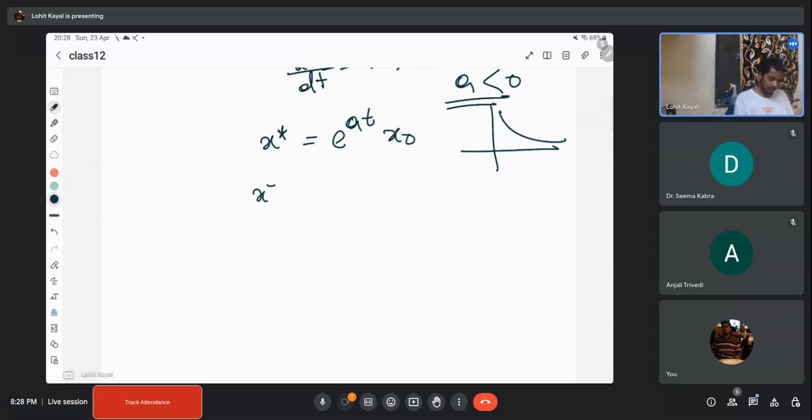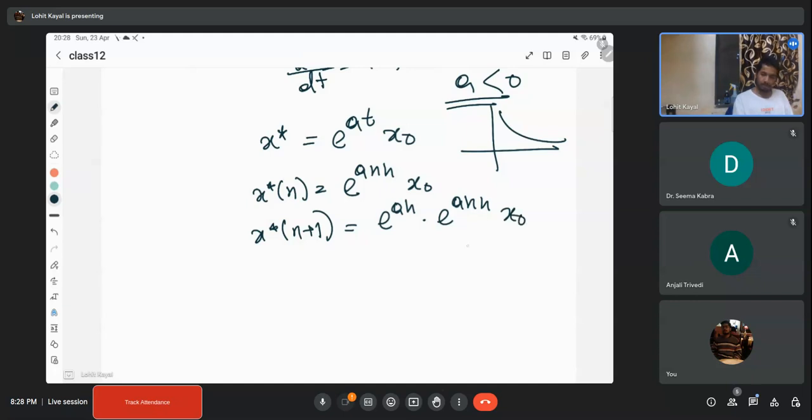So x star at n will be equal to e to the power a n h into x0. So x star of n plus 1 will be e to the power a h into e to the power a n h into x0 simply. So it will be e to the power a h into x star of n. So this is equation 1.